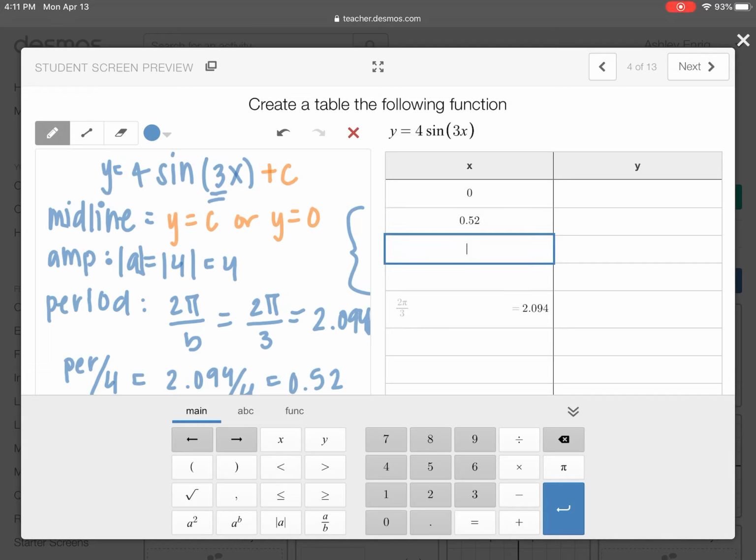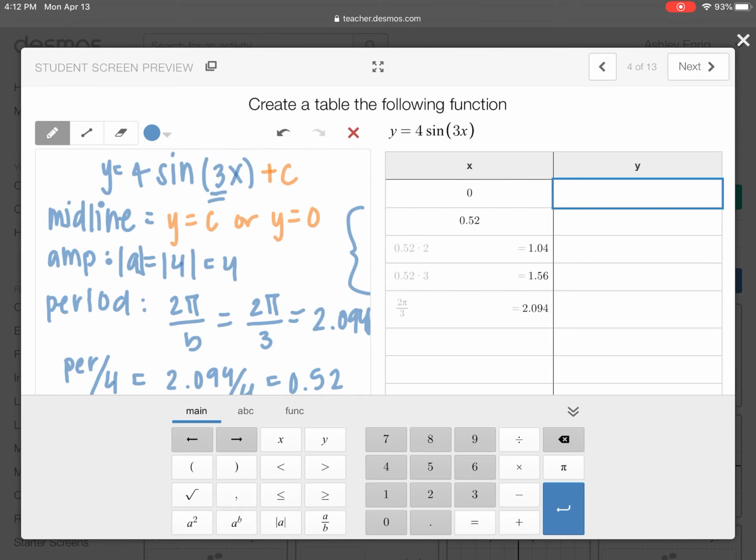So 0.52 times 2 is going to be 1.04. And then this last one, 0.52 times 3. Since this is a calculator, it'll do it for you. So there's your decimals. So you have 0, 0.52, 1.04, 1.56, and 2.094 as your 5 points on your graph.